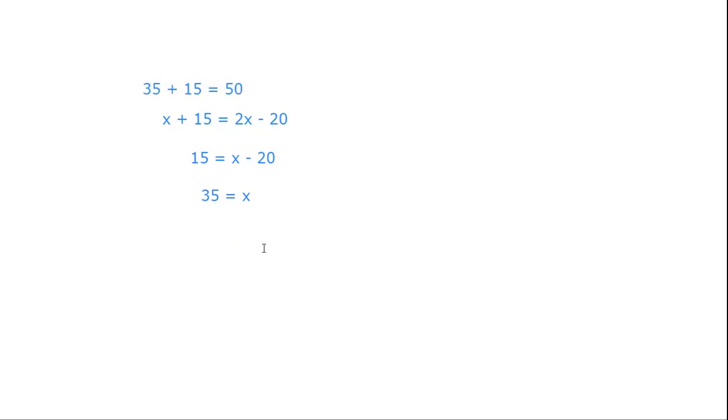The second one, 2 times 35 minus 20. 2 times 35 is 70. Minus 20 is 50. Sure enough. They're both 50. But look at that. When you add them together, they're 100.